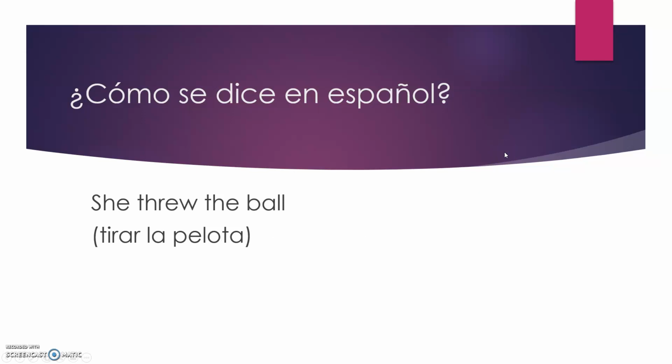She threw the ball in the preterite tense. That would be ella tiró la pelota. Okay, remember that accent mark on the final O helps us remember that it happened in the past.